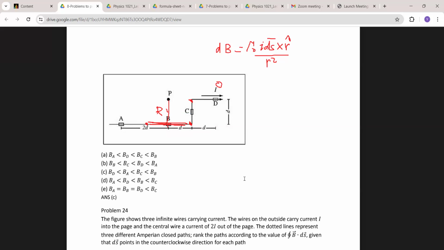So for element B and element C, the distance is D. But the section B is twice in length than C. So B is greater than C. And the section A is far away and with an angle. So I am expecting that C is greater than A.